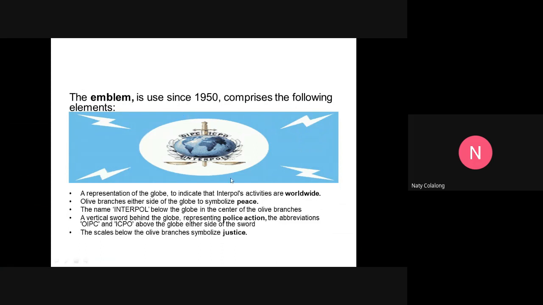The emblem is at the center of the flag, and the four lightning flashes symmetrically around the emblem represent telecommunications and speed of action.